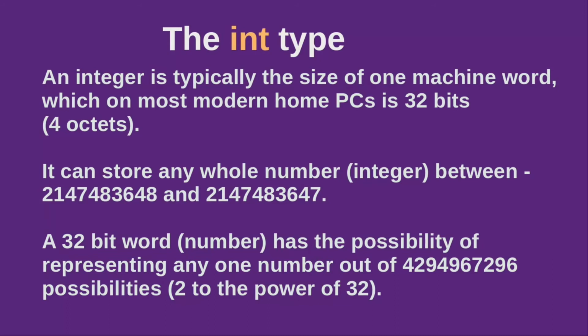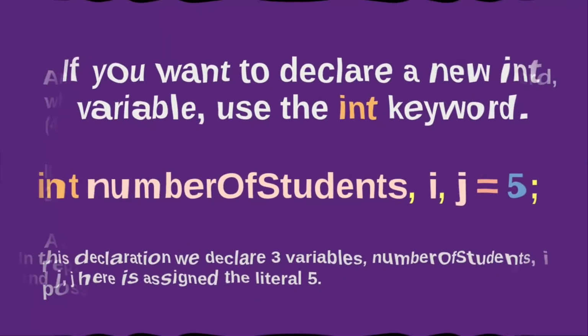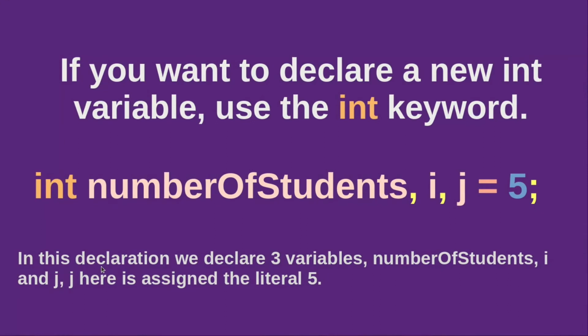When int is 32 bits, that is 4 octets, it can store any whole number within the range, as you can see there. A 32-bit word has the possibility of representing any number out of this range. That's 2 to the power of 32.